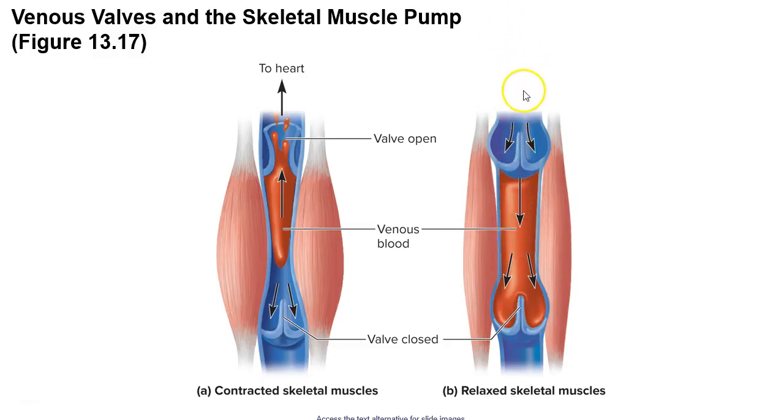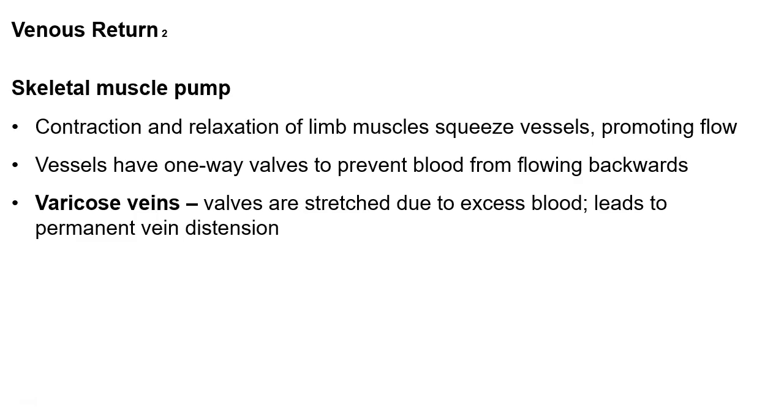As the blood starts to flow back down, that valve will close as well. And it kind of milks that blood back up towards the heart for us. So we have skeletal muscle pumps, like I just mentioned, that will help to contract and relax and pump that blood essentially, or squeeze that blood along these veins back towards the heart.